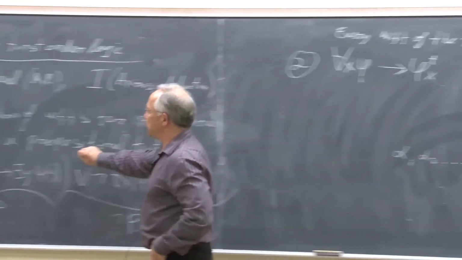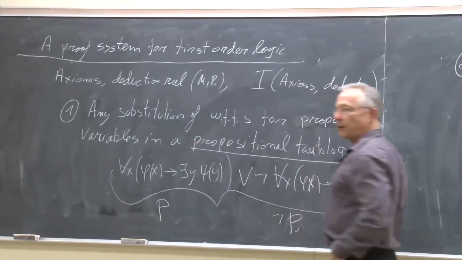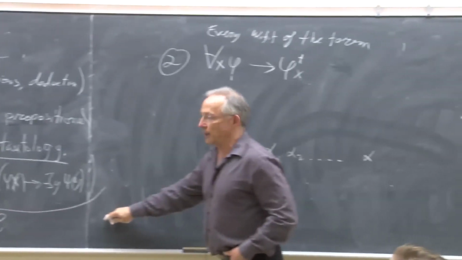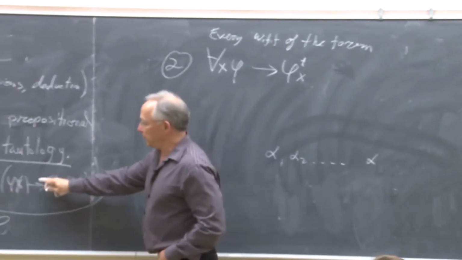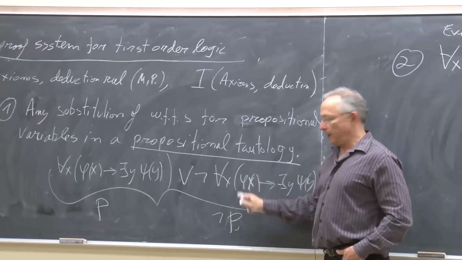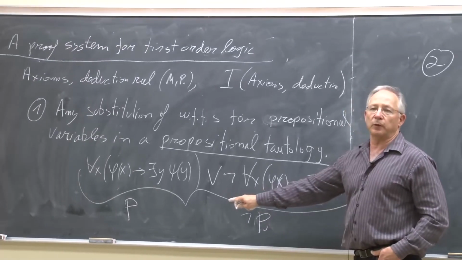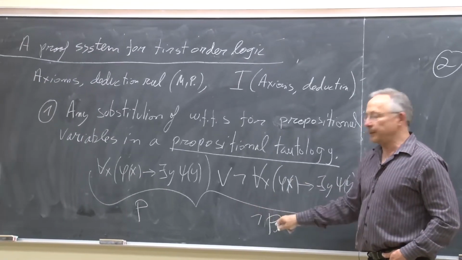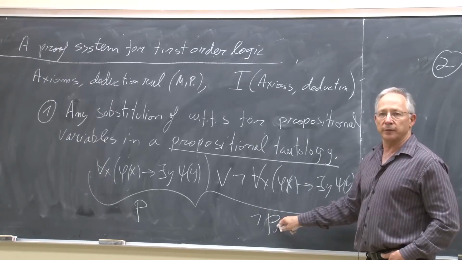This is a propositional tautology. We take our formula, we put a propositional variable for every term, and we ask, do we get a propositional tautology? This is very limited. It doesn't give you all the logical truths.